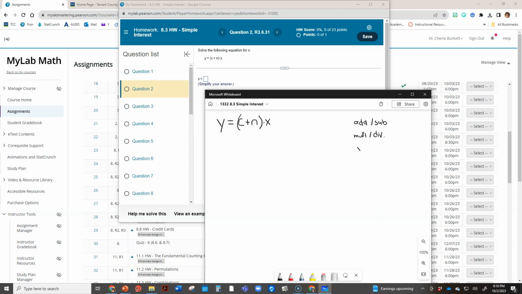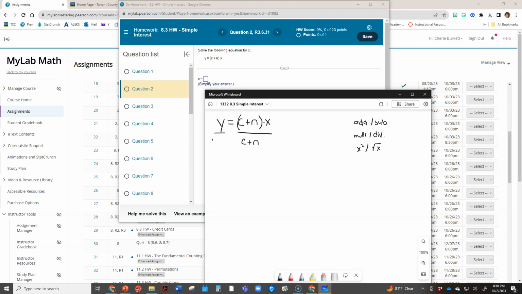We know that if we're going to square something, taking the square root of something is the inverse operation, and so forth. So the inverse operation here is, instead of multiplying, we're going to divide. And we are going to divide both sides of this equation by whatever we're multiplying x by. We're multiplying x by c plus n, so we're going to divide by c plus n.